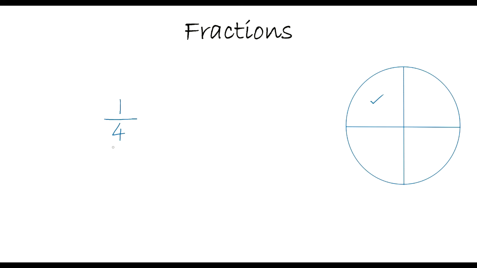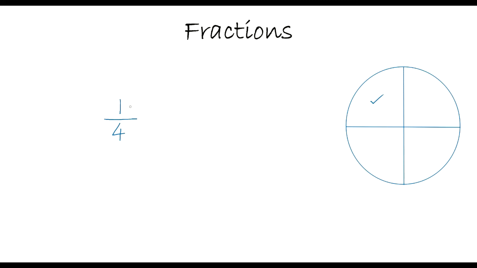And the bottom number represents the number of total parts. So when we write a fraction, we write the number of total parts in the bottom and on the top we write the number of parts that we have, that we are dealing with.